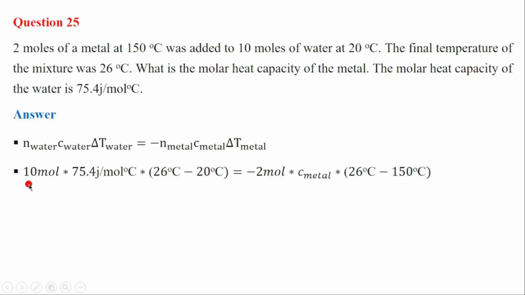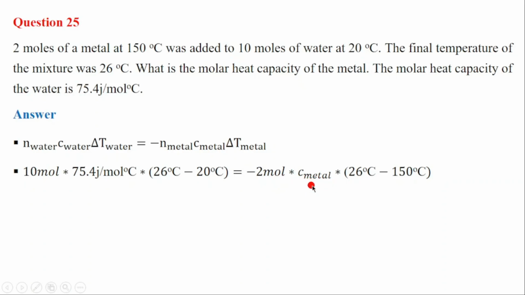We have 10 moles for the water times 75.4, which is the molar heat capacity for the water, times the change in temperature for the water. The final temperature will be 26 degrees Celsius minus initial temperature, which is 20 degrees Celsius, which will be equal to minus 2 moles, the moles for the metal, times C metal, the molar heat capacity for the metal.